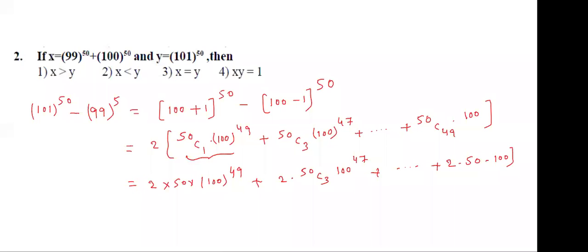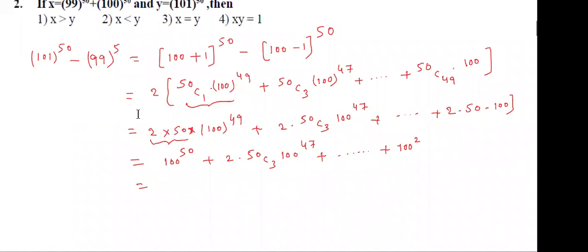So the first term value, how much, students? 2 into 50, that is 100. 100 into 100^49. This is overall 100^50, or not? Plus some value: 2 into 50C3, 100^47 plus and so on. 2 into 50, that is 100, this is 100². Now observe carefully.